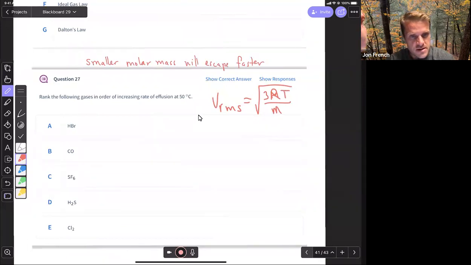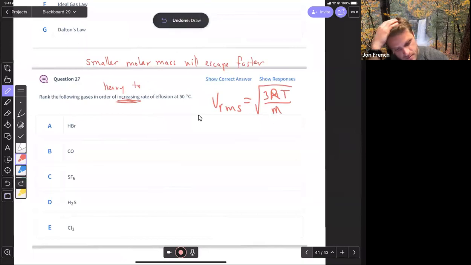So let's see which one of these is the lightest one here. So increasing rate of effusion, basically heavy to light molar mass.